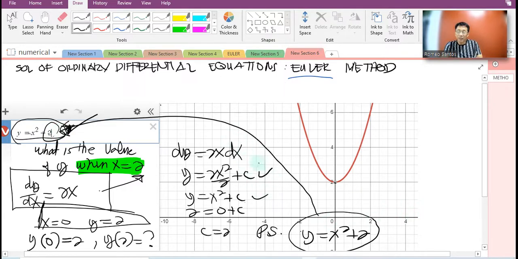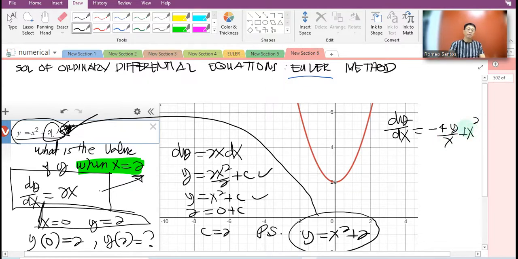Ito yung ordinary method. Now, the problem is, yung kung bibigyan ka na ng malalang problem, alam mo, hindi pa ito malala. Alam mo, dy/dx is equal to negative 4y over x plus x squared.